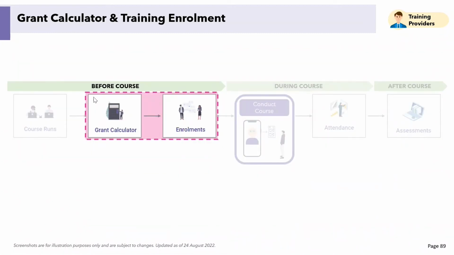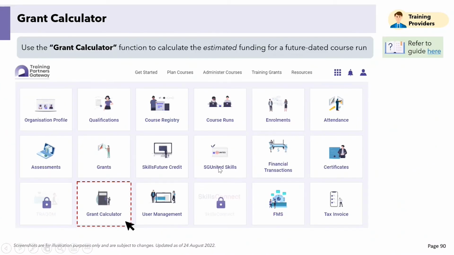So now that we have looked at course runs, I will bring you to the two tiles here, grant calculator and enrollments. Okay, so for the grant calculator, do note that this is an optional tile for TPs, and the main function behind this tile is to enable someone to find out how much grants a trainee will be able to get.